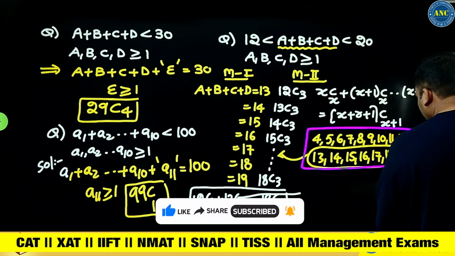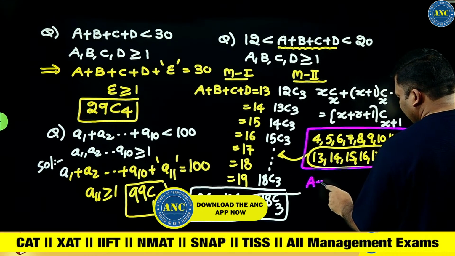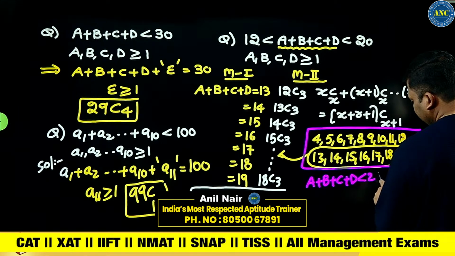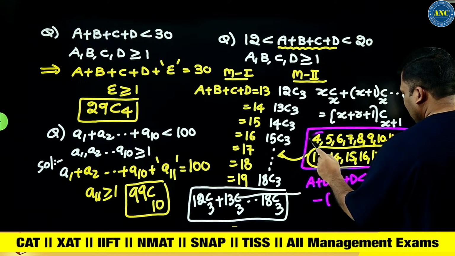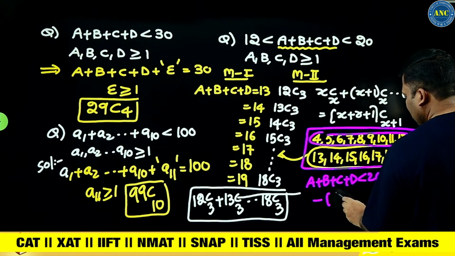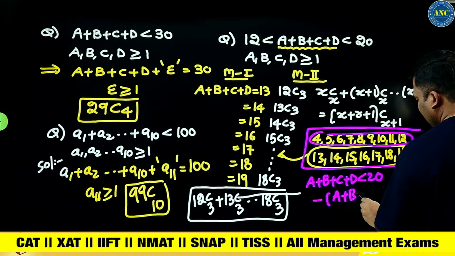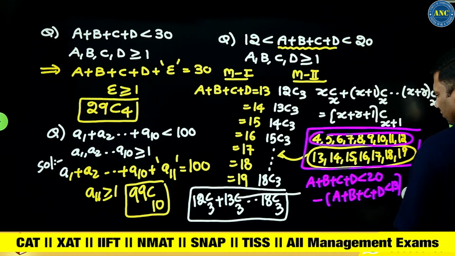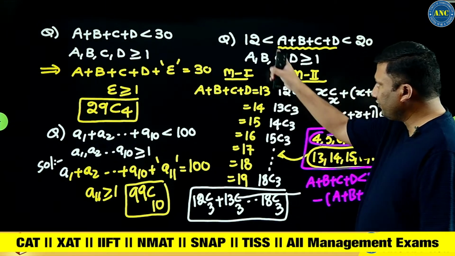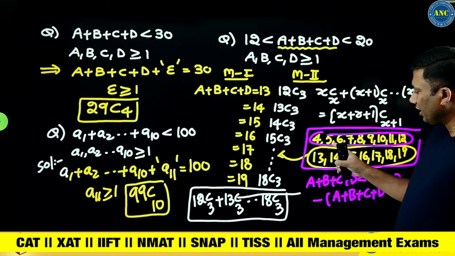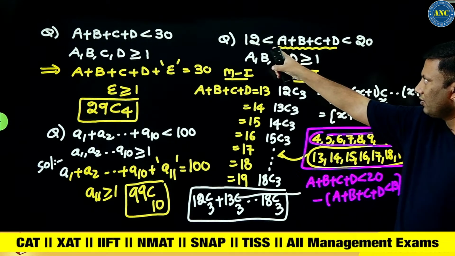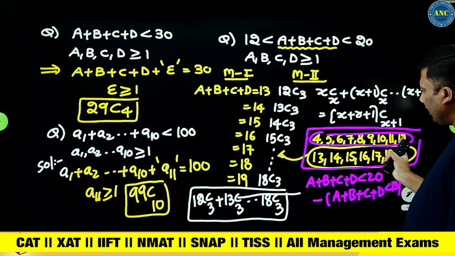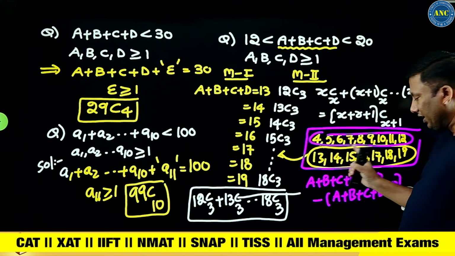This part is given by the total, A plus B plus C plus D less than 20, minus this part, A plus B plus C plus D less than 12. Is this concept clear to you? If only one side less than is there, 4 to 19 we require, but we require 13 to 19.